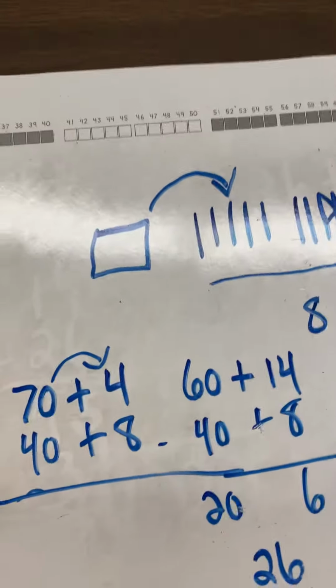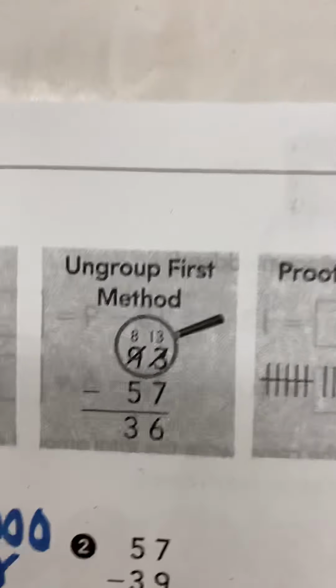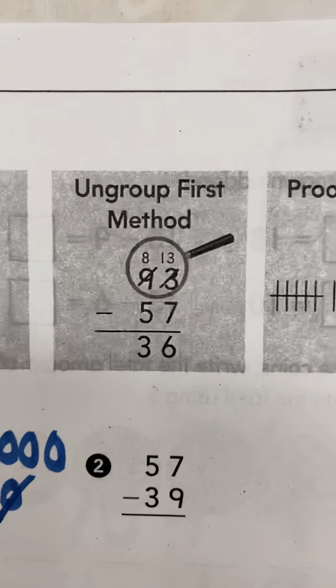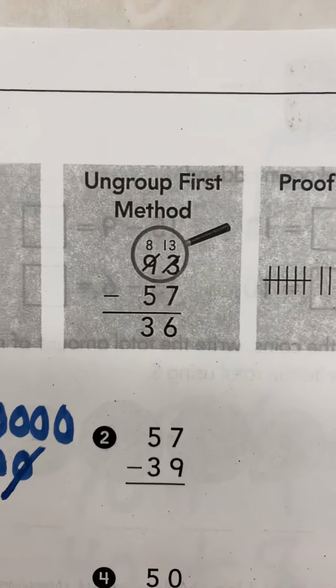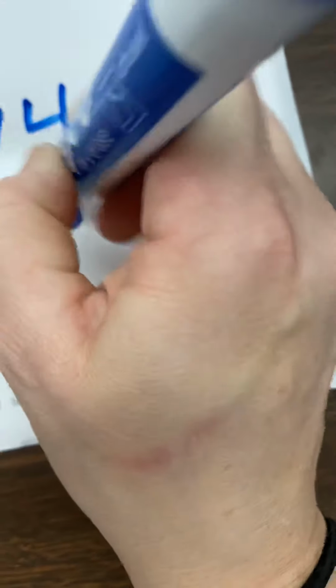All right, so of course, just like with addition, we will get right into that traditional algorithm of ungrouping first, or as we call it, borrowing. And so they will see 74 minus 48.